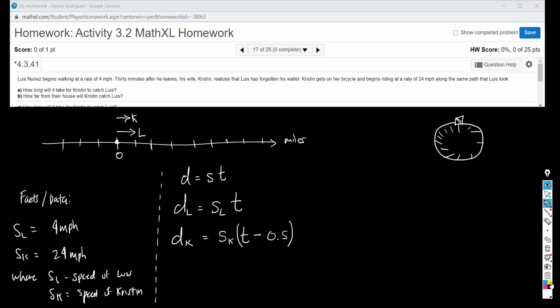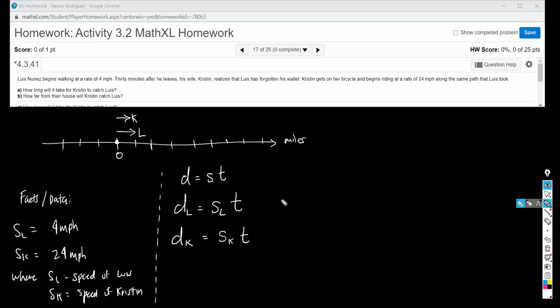Why am I introducing this little minus 0.5 hours? Let me erase this. If I don't write it down, if I just keep it like so, then I'm going to run into a contradiction.